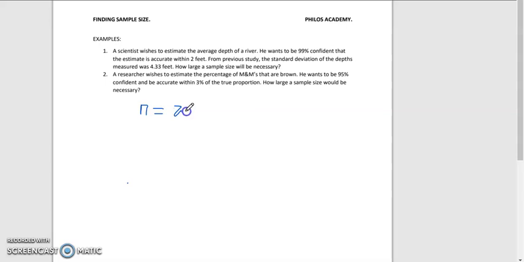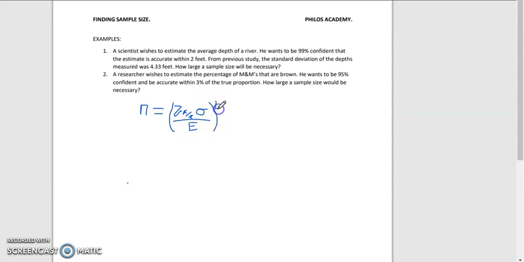N is equal to Z alpha over 2 multiplying standard deviation divided by E, where E is called the margin of error, all squared.